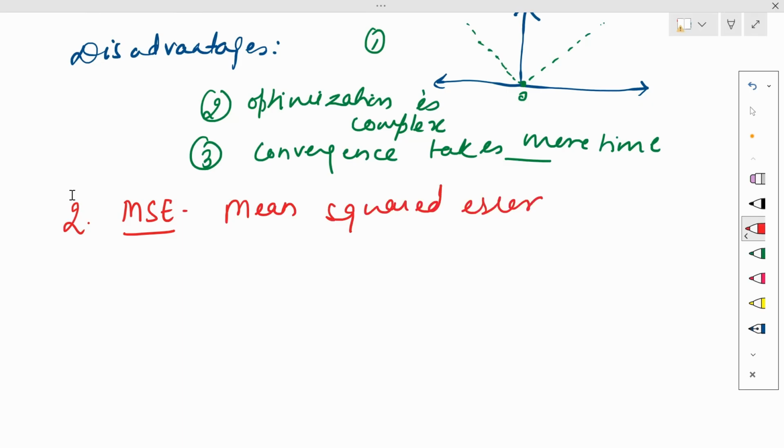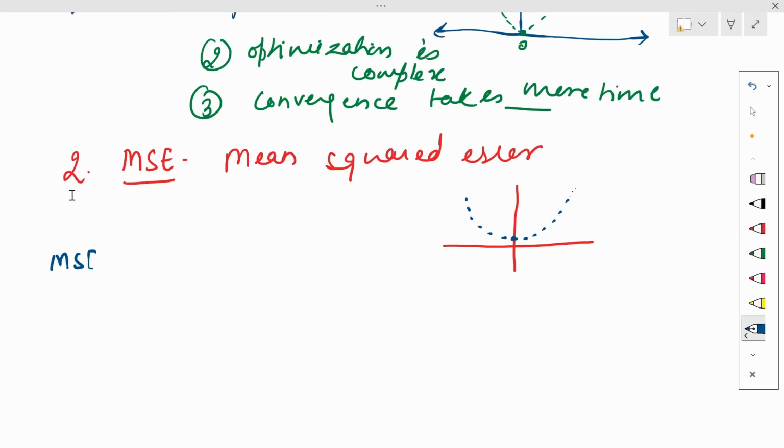The mean squared error is able to resolve the issue with MAE with respect to convergence. So in case of MSE, the loss function looks something like this, because of which it is possible to differentiate it.